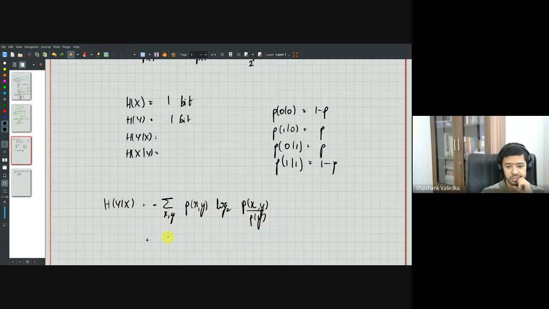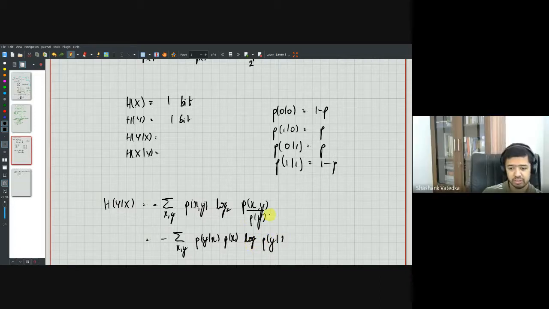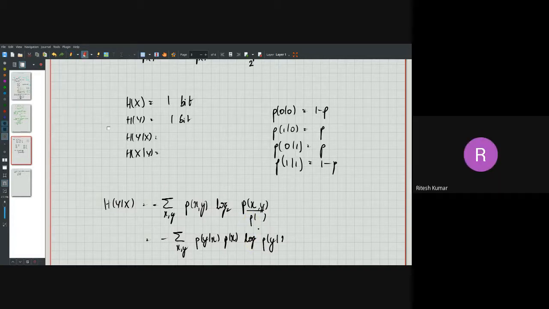So this is basically a summation over x, y. H(Y|X) should be the sum of P(x) times the entropy of P(y|x).